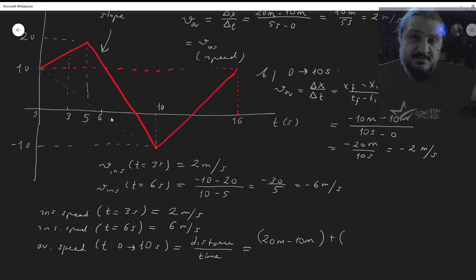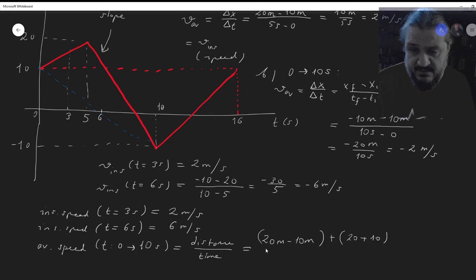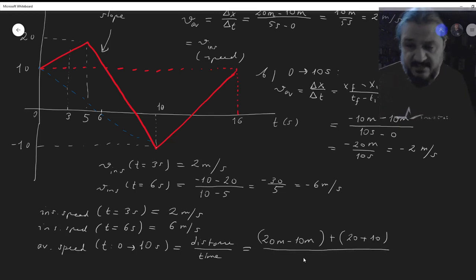From the 20 meter mark all the way back to negative 10 meters. So 30 meters. We can write it as 20 plus 10. And this happens in 10 seconds.